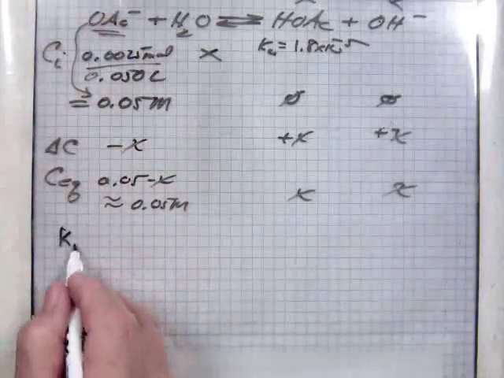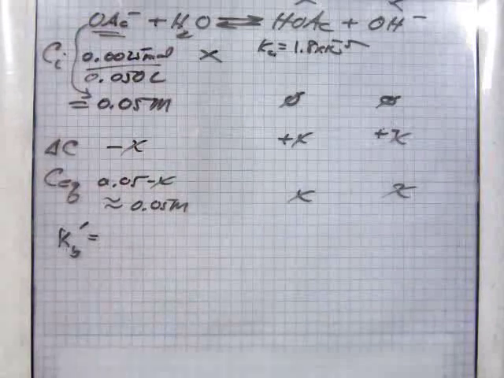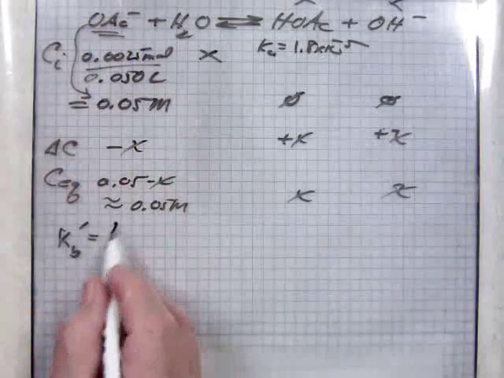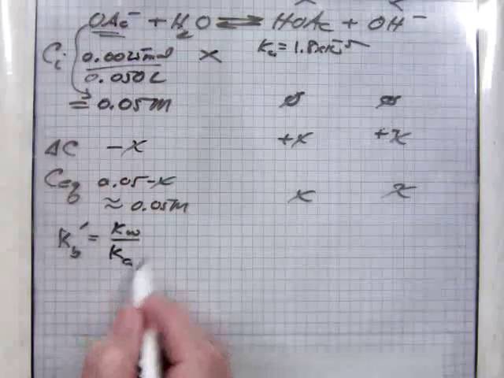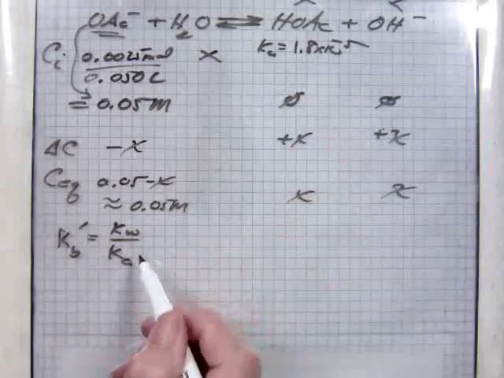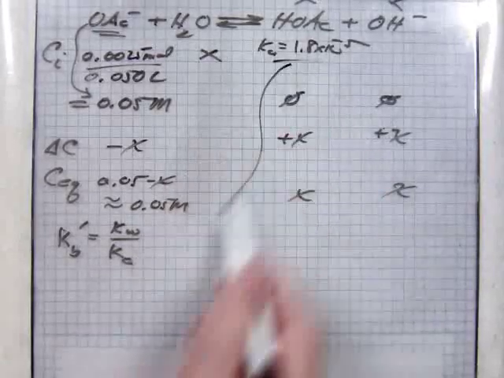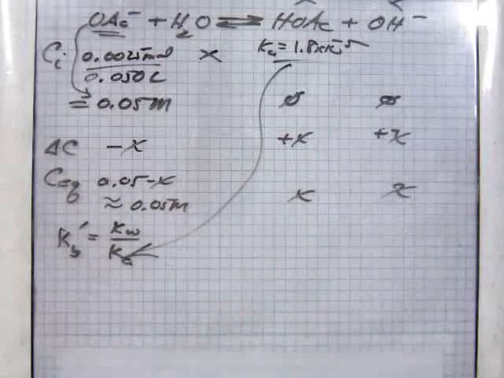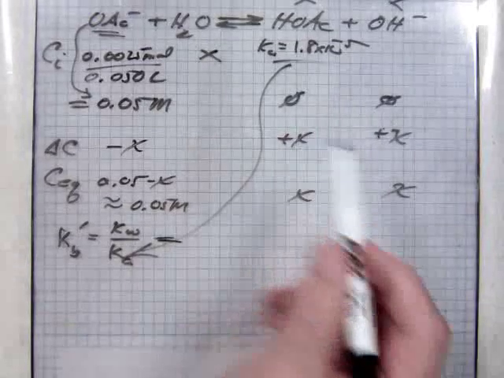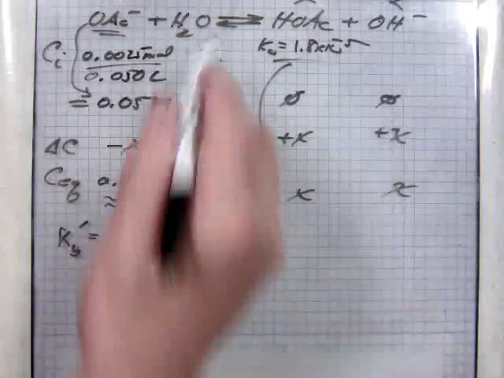So Kb prime: Ka times Kb is Kw. So we have Kw over the acid K value, that's here, right here. And that's equal to the products over reactants, disregard water.